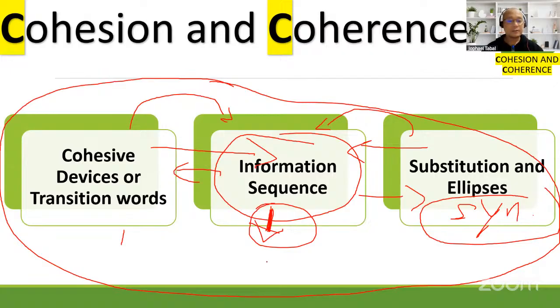So for many trained IELTS teachers, introducing information sequence could really help accelerate students' band score from 6 to 7 in essay writing. Actually, that is only true if their grammar is not a problem.